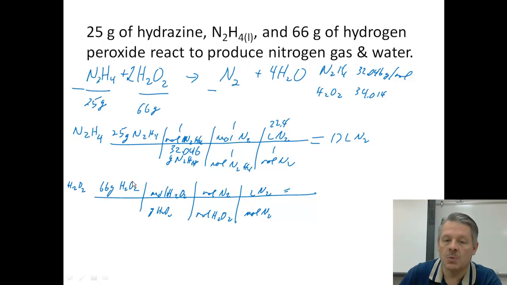Alright, so let's see, 1 mole of H2O2, we have figured out that has a mass of 34.014, and moles of H2O2 is 2, and nitrogen gas is 1, and moles of N2 is 22.4 liters. When we work that out, we get a total of 22 liters of N2.